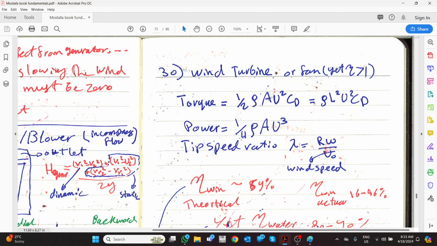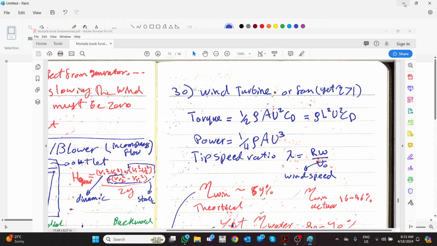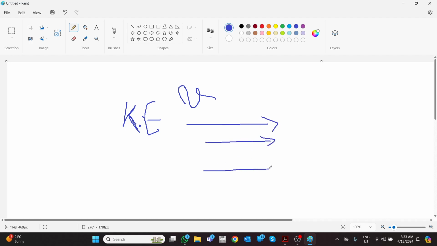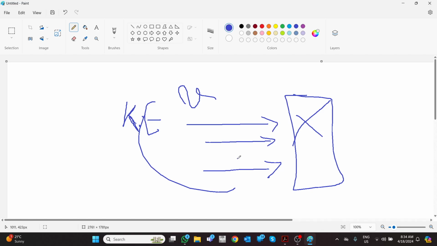Assume it is a turbine right now. We have a kinetic energy represented in velocity V, going into a box, and this kinetic energy will be converted to power.